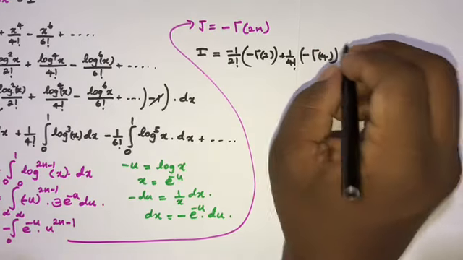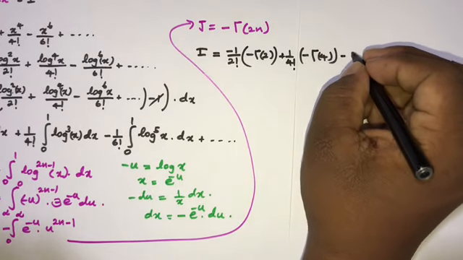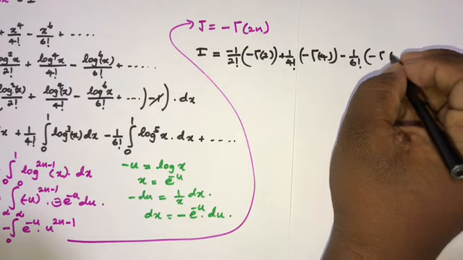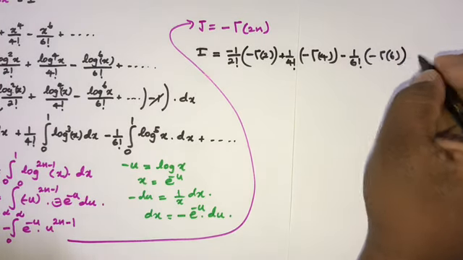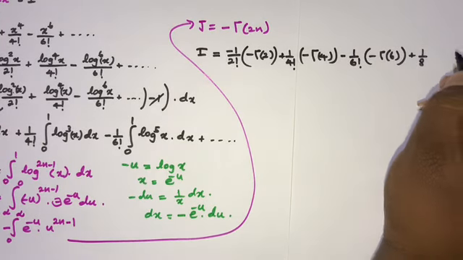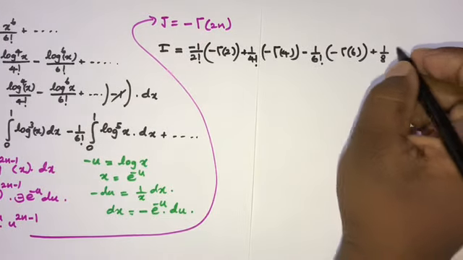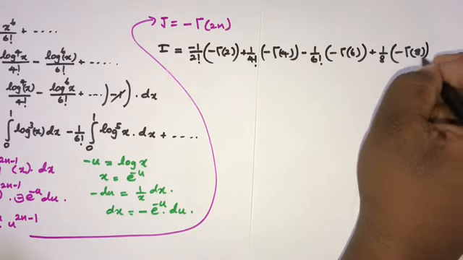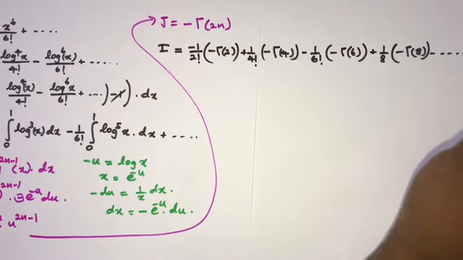According to this pattern, next we write 1 over 6 factorial times minus gamma of 6, then plus 1 over 8 factorial times minus gamma of 8, minus and so on.